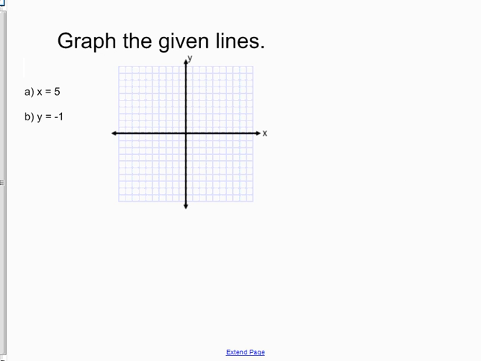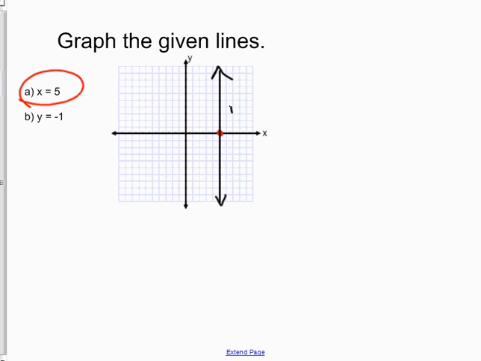Okay, now we have to graph the given lines. Okay, here's that x = 5. That means the line crosses x, but there is no y-intercept, so it just is a vertical line, 1, 2, 3, 4, 5, at 5. So then the line is going to go straight like that. That's x = 5.